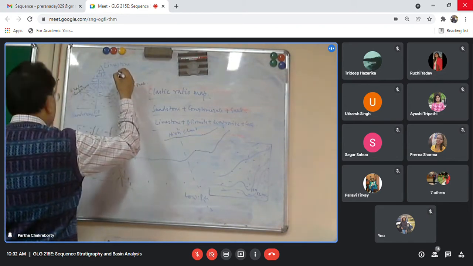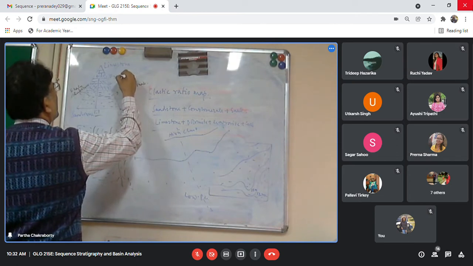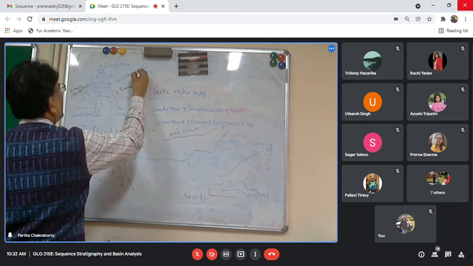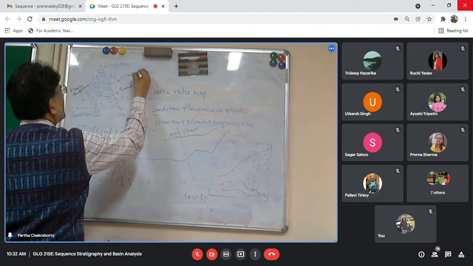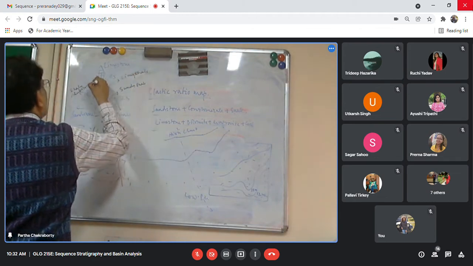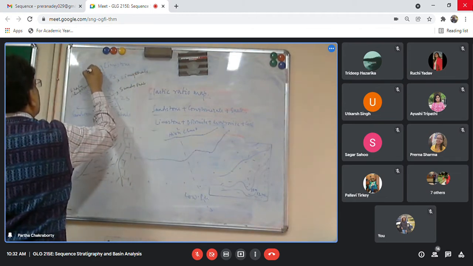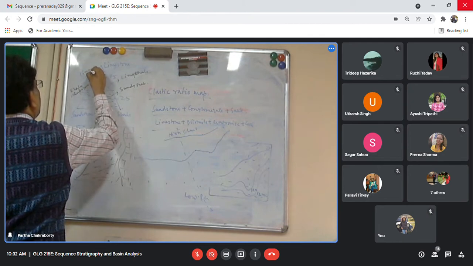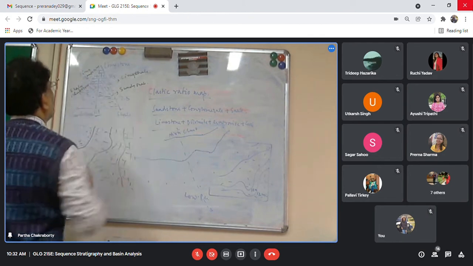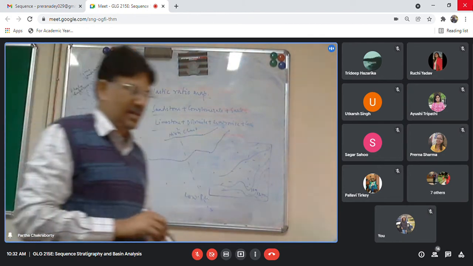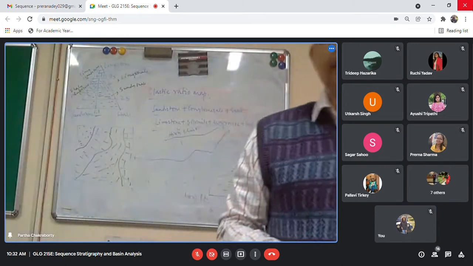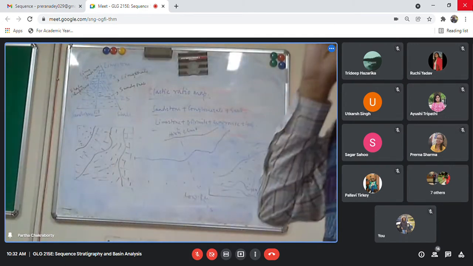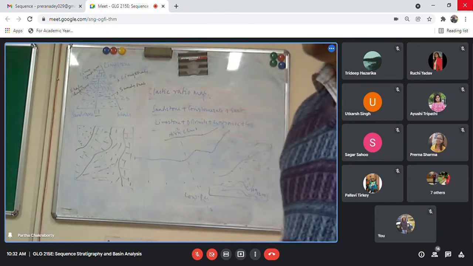This may be a limey shale, limey sandstone. You got my point?